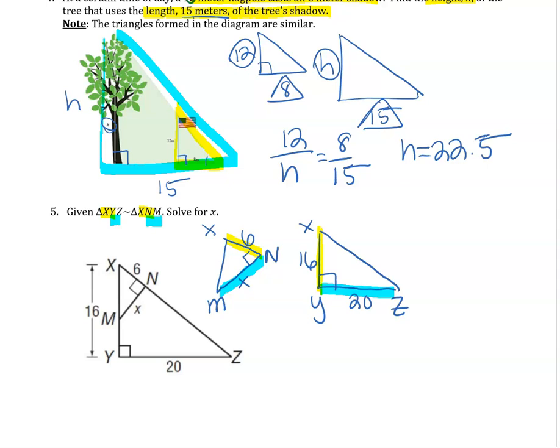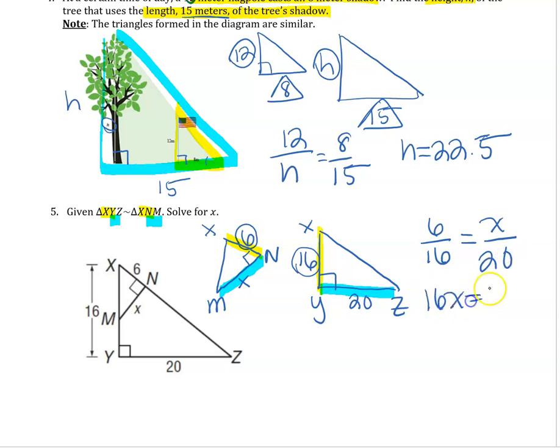All right, so the hardest part here is just how do you set up your proportion? So if I start in the small triangle, I know the 6 corresponds to the 16 because those are both yellow. Okay, go back to the small triangle because that's where I started, so X corresponds to 20. So from there, we get 16x equals 120, so x equals 7.5.